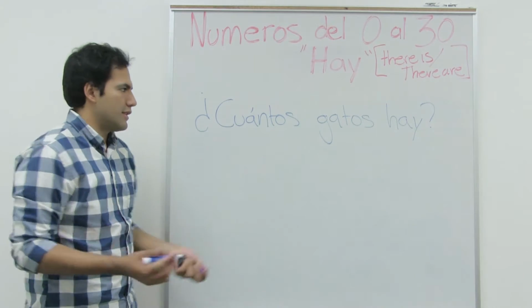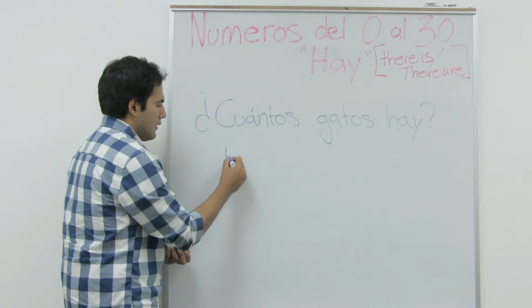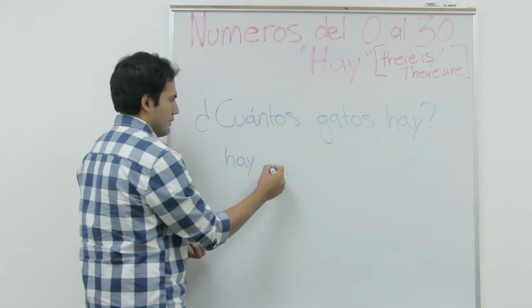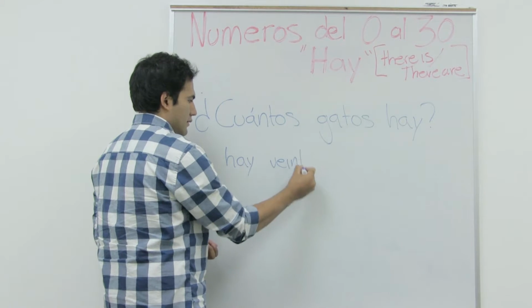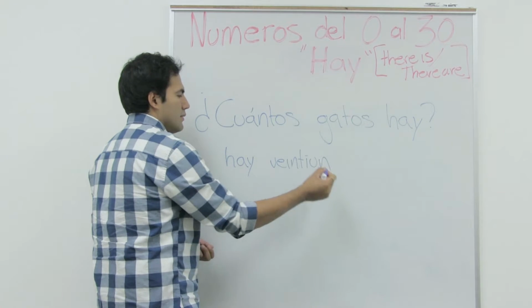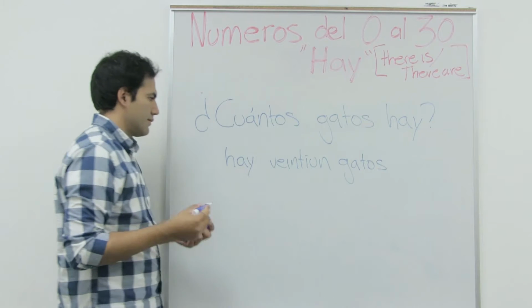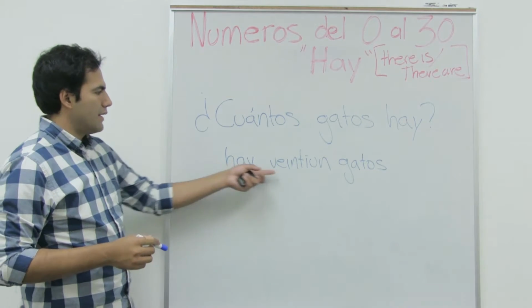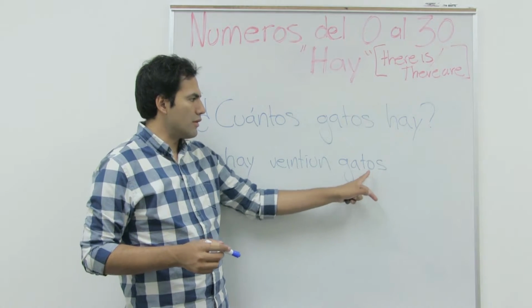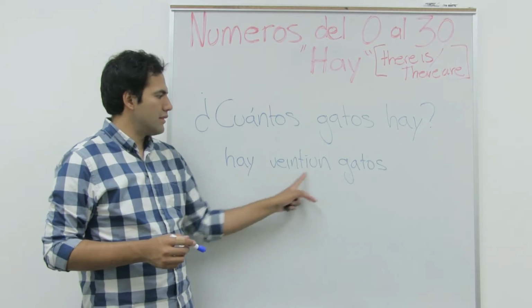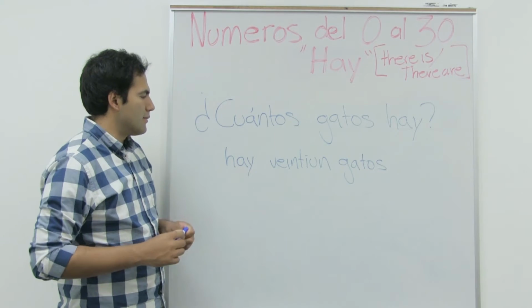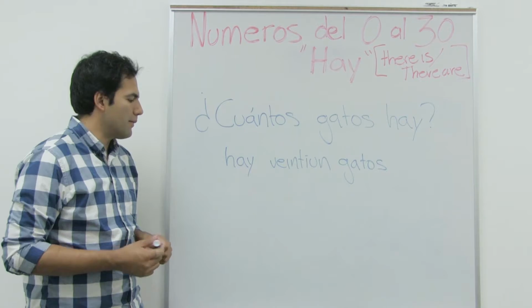And then you would just respond, let's say, hay 21 gatos. Okay? So hay 21 gatos, and we do plural because we're talking about several. There you go.